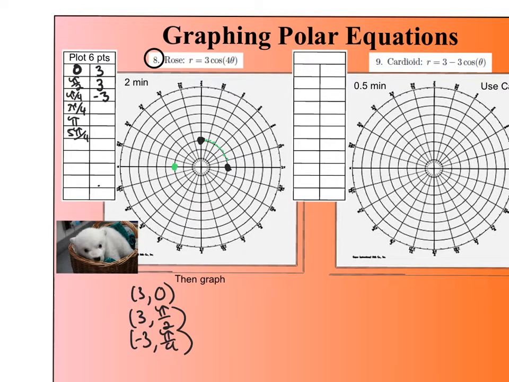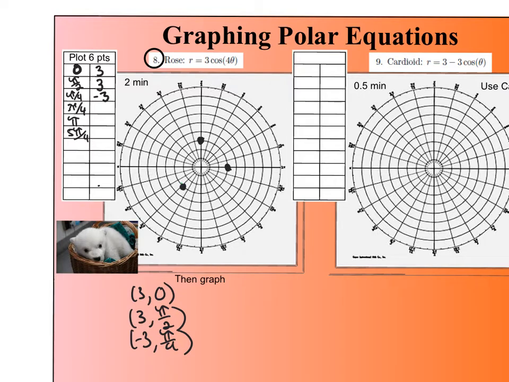So you go -3 out, and then you swing pi over 4 in this direction, which is going to land me right here. Let me erase some of my markings so we don't get them confused.